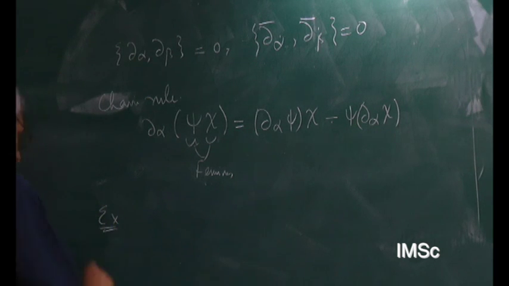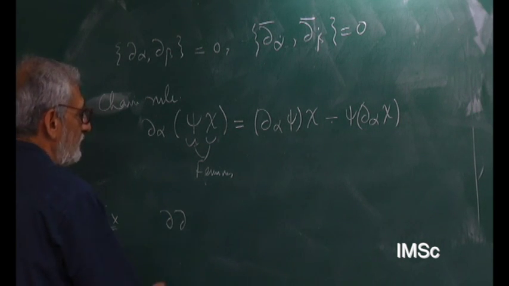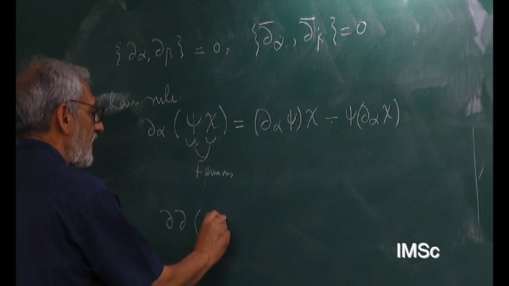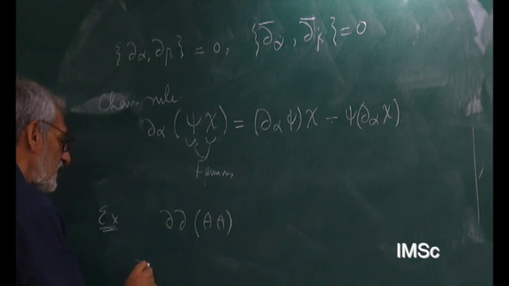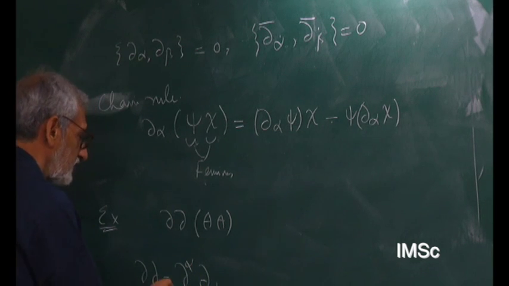Now do an exercise if you want to. Take d d and act on theta theta. Now what does d d mean? d d is a shorthand for d alpha, d alpha.